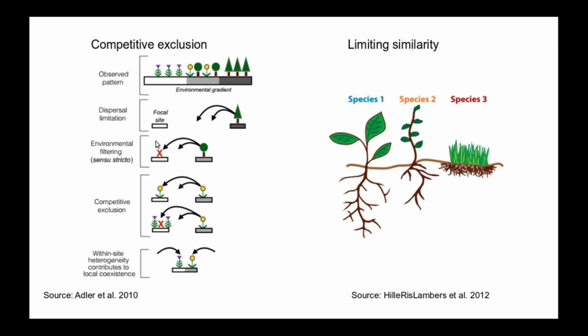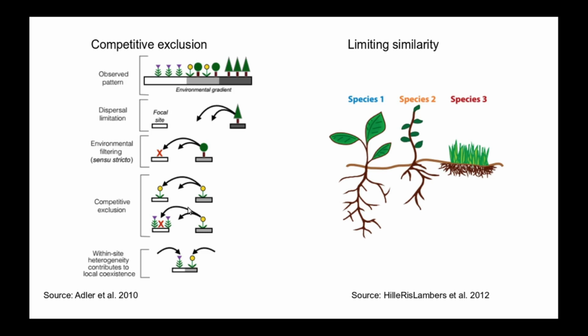Those are two concepts of local ecology, competitive exclusion and the theory of limiting similarity, both explaining species coexistence at the local plot. In the competitive exclusion hypothesis, two species with similar traits will never occur together, and the best competitor will exclude the lower competitor.